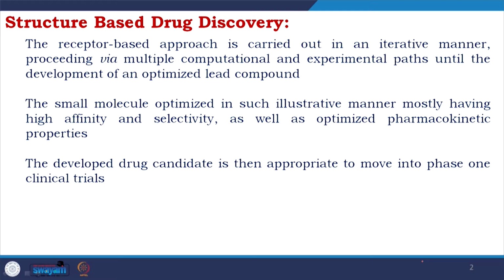To be a good drug, there are certain criteria which we will discuss in the following lectures. The developed drug candidate is then appropriate to move into phase 1 clinical trial.